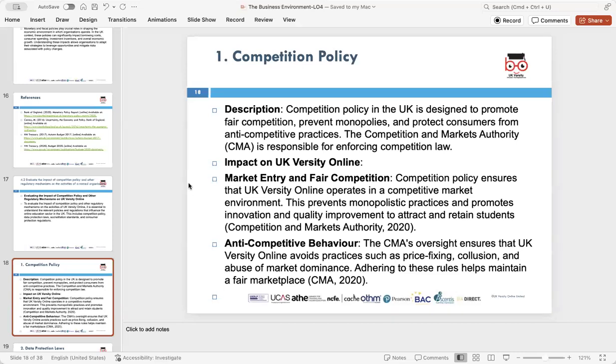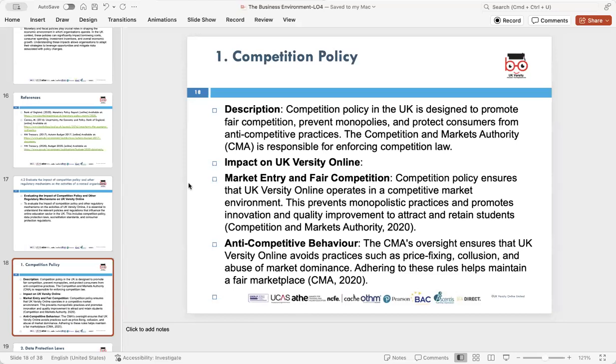By fostering a competitive market environment, competition policy prevents the university from monopolizing the online education sector. This encourages innovation and quality improvement as institutions must continuously enhance their offerings to attract and retain students.